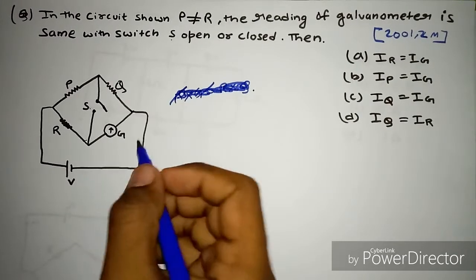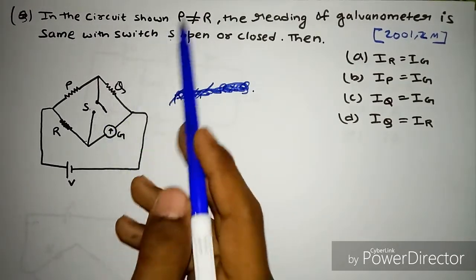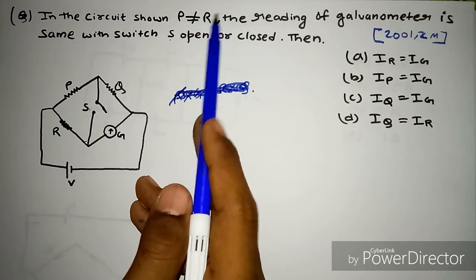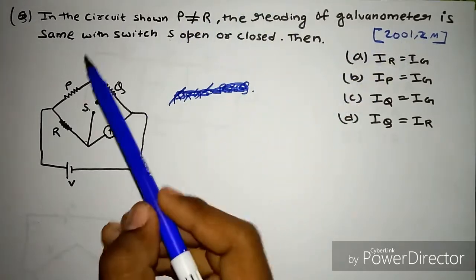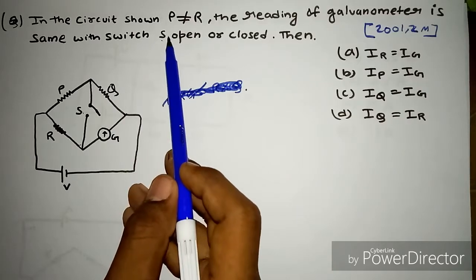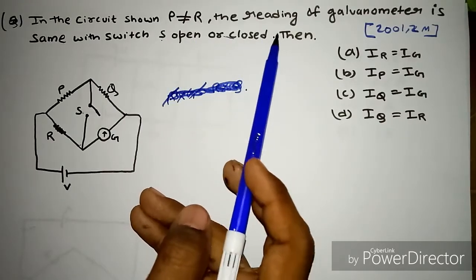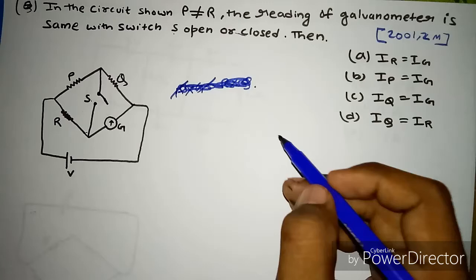So the next problem says, in the circuit shown, P is not equal to R. The reading of the galvanometer is the same with switch S open or closed. Then which condition is satisfied?